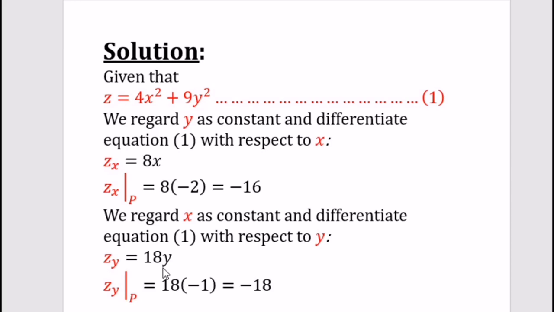Now zy at P is equal to 18 times minus 1, which is equal to minus 18. Now we name zx at P as fx at P and zy at P as fy at P.